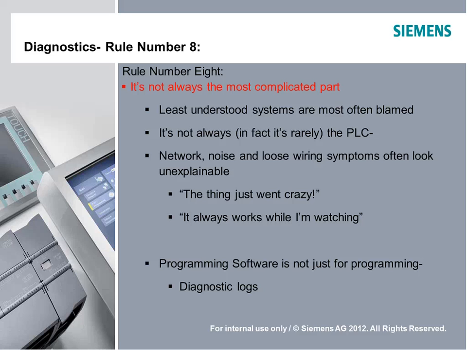Network noise, loose wiring symptoms, they often look unexplainable. So in other words, people will say, the thing just went crazy. It has to be that crazy PLC. Or it always works while I'm watching. Well, intermittent, once again, can be a problematic diagnostic exercise. Networking issues oftentimes are caused by electrical noise and so forth, or just loose wiring once again.